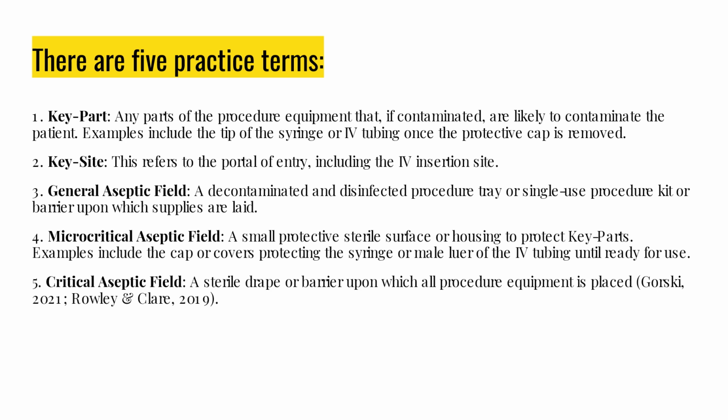So remember those 5 practice terms: key part, key site, general aseptic field, microcritical aseptic field, and critical aseptic field. Spend a few moments if you need to, to make sure you understand those. Write them down on cards. You need to know those.